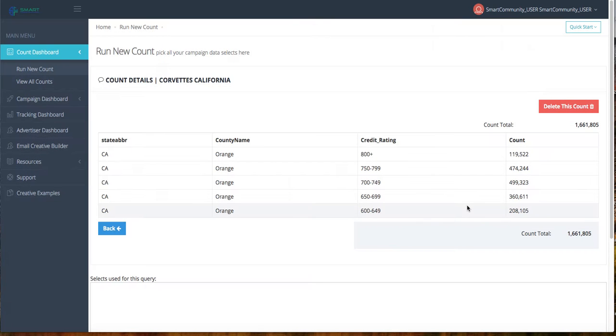I'm going to run that count, and we find out, it's that fast, Tim. 1,661,805 people in Orange County, California have a credit rating of right here. And do you see how it broke it out? 119,000 have 800 plus. 474,750 to 799. This is what I mean by breaking it down.